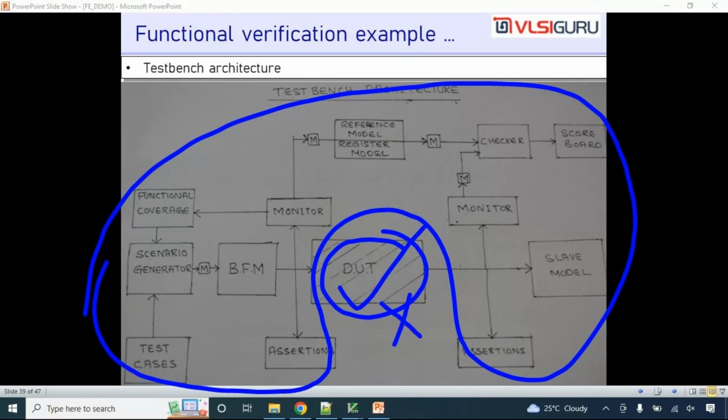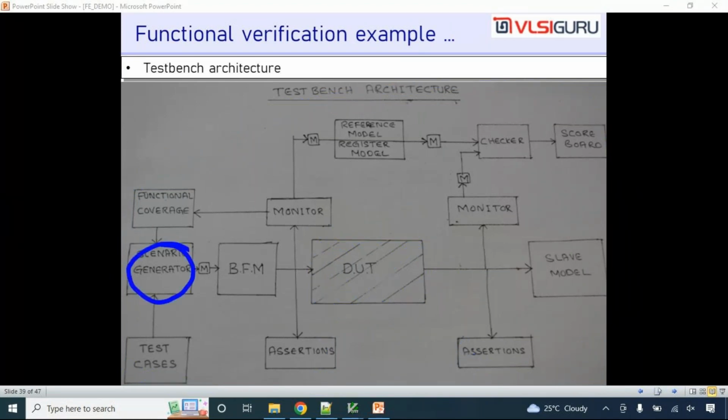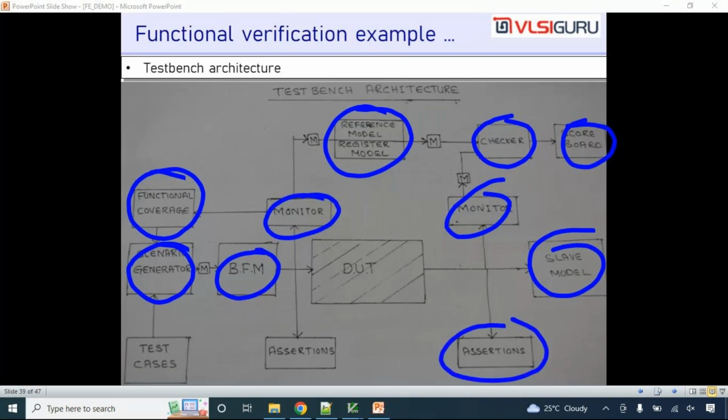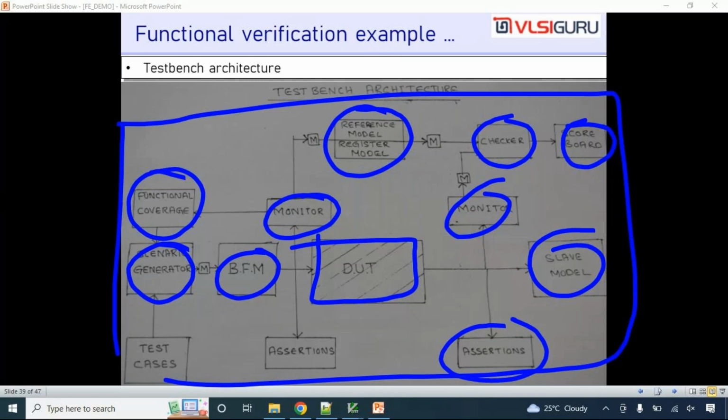It involves various components like generator, driver, monitor, functional coverage, reference model, checker, scoreboard, slave model, assertions. It's for every chip, and every component inside the chip also requires this kind of test bench architecture. Through this, we get to know whether the DUT is working fine or does it have any bugs.